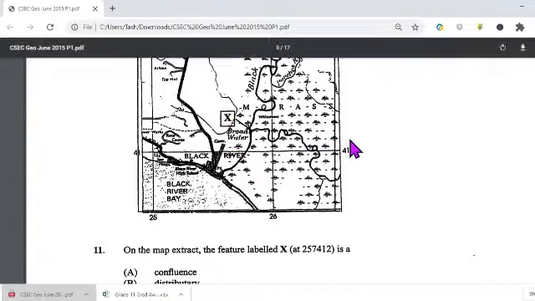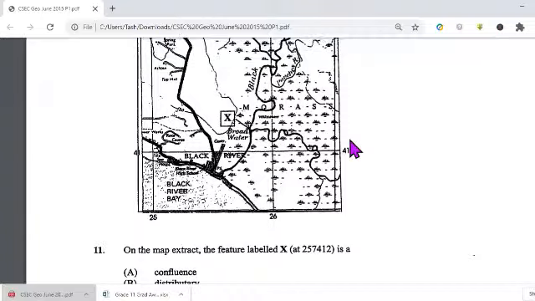From doing a lot of them, though, you do realize that a lot of the questions repeat. So here we have X. If we notice, X is showing us a specific point, where we have that smaller river that is joining the larger river there.